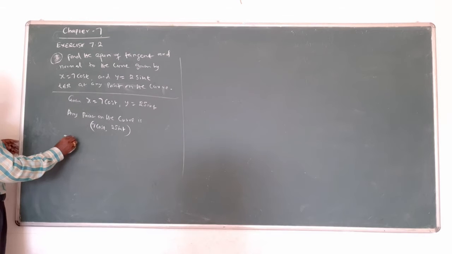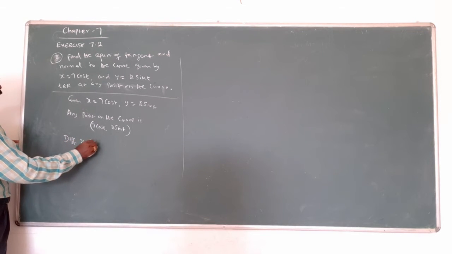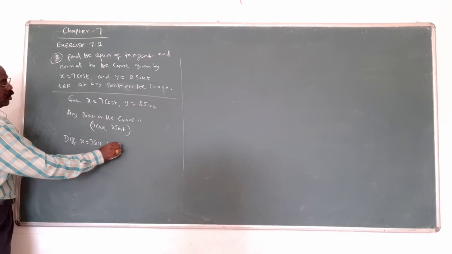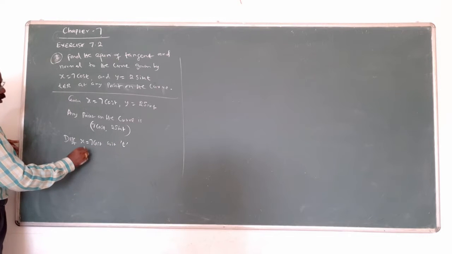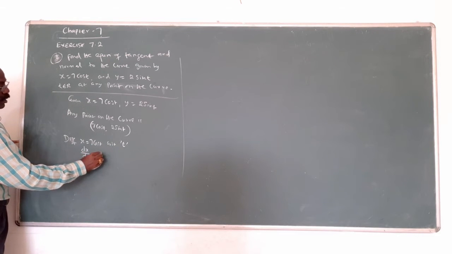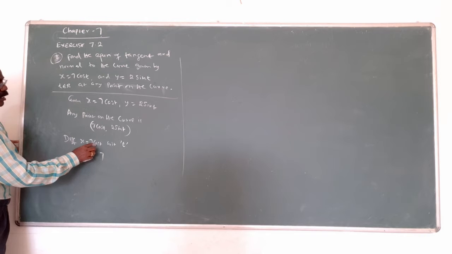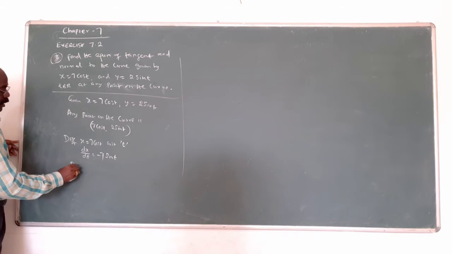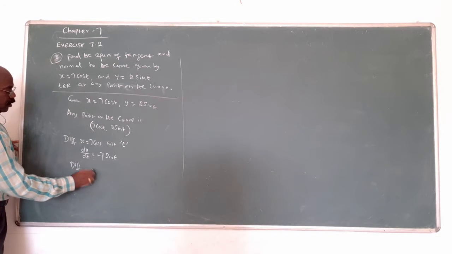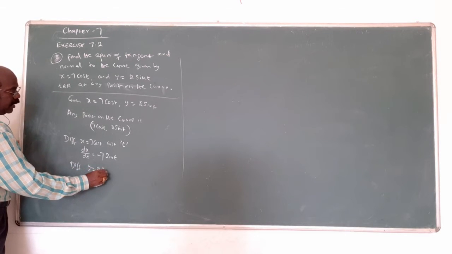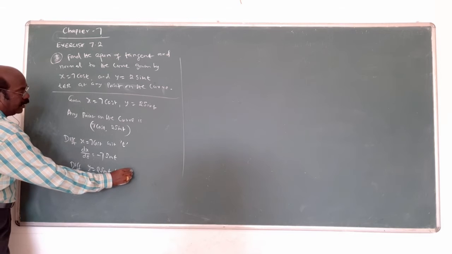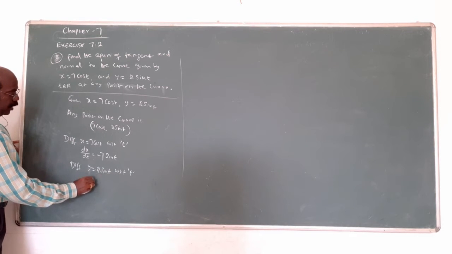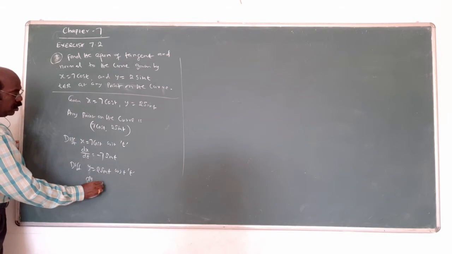Now differentiate x equals 7 cos t with respect to t. dx by dt equal to 7, constant, the derivative of cos is minus sin t. Now differentiate y equal to 2 sin t with respect to t again. dy by dt is equal to 2, constant, the derivative of sin is cos t.